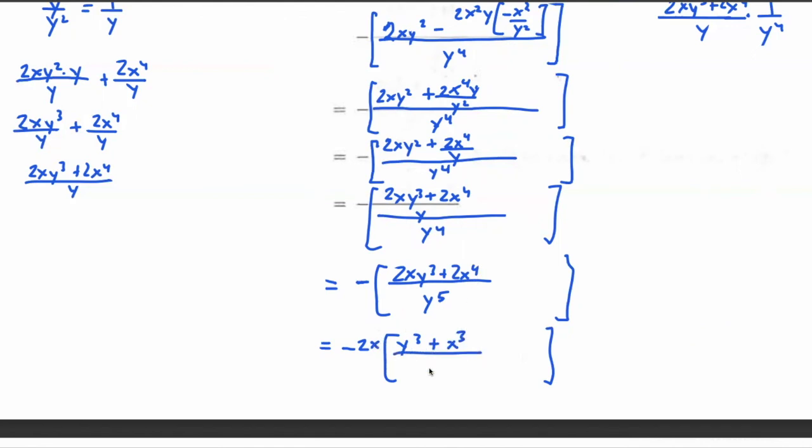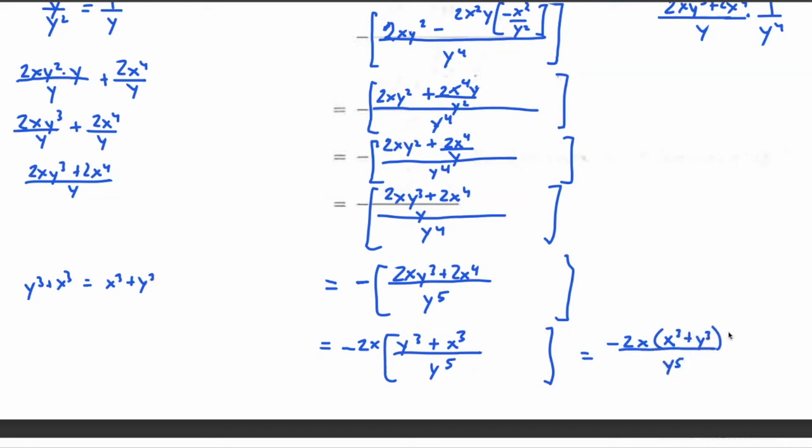And then we have y to the 5. Now, this y cubed plus x cubed is actually pretty special. In fact, we know that addition is commutative, so y cubed plus x cubed is equal to just x cubed plus y cubed. And if we just write it like this, we might be able to recognize something. So 2x times x cubed plus y cubed all over y to the 5.